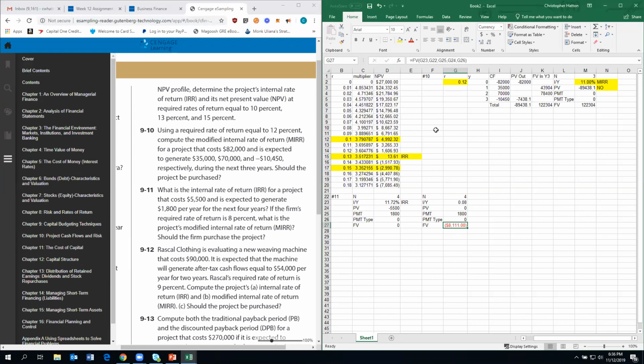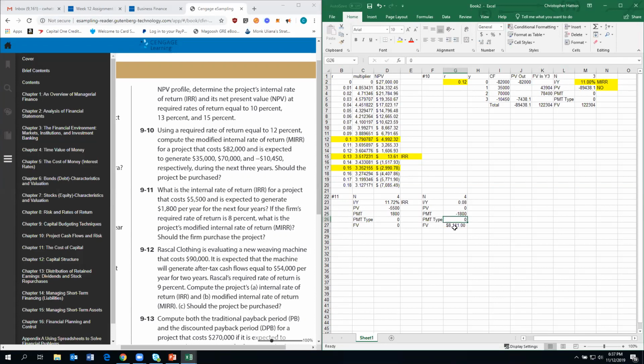Since we can't denote which way we're looking at it from based on inputting numbers, we can do 2 things here. We can change this to negative, saying that, okay, if I'm paying out $1,800 for 4 years at 8%, how much would I pay out altogether?